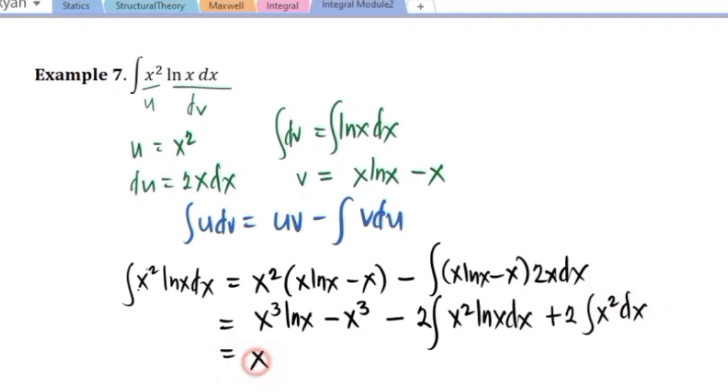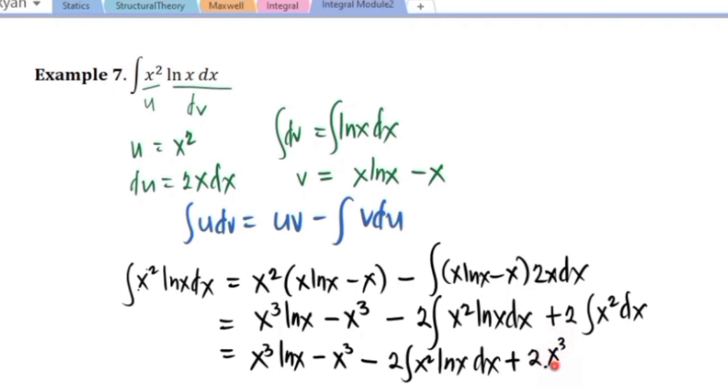So we have here x cubed ln x minus x cubed minus 2 x squared ln x dx plus 2 the integral of x squared is n plus 1, so that's x cubed over 3.